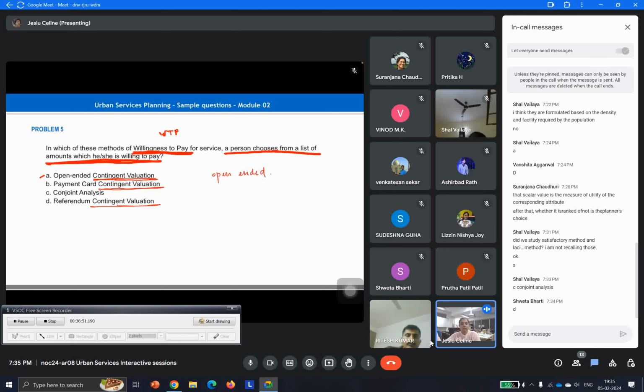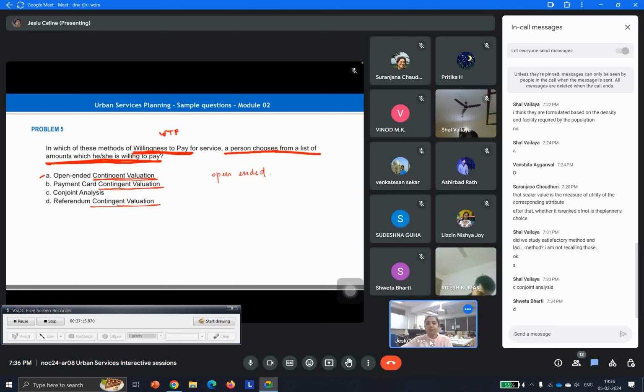How much are you willing to pay for that? The person has absolute choice, saying I'll pay probably 10 rupees, or I'll pay 1 lakh. There's no limit to how much the person can quote. One problem with this is that most often the sums are underestimated or they can even be overestimated, so you don't get a proper value out of it. I'm explaining each of these so that you can give me the answer to what the question is asking. So this is open-ended, where the person's given a free choice.